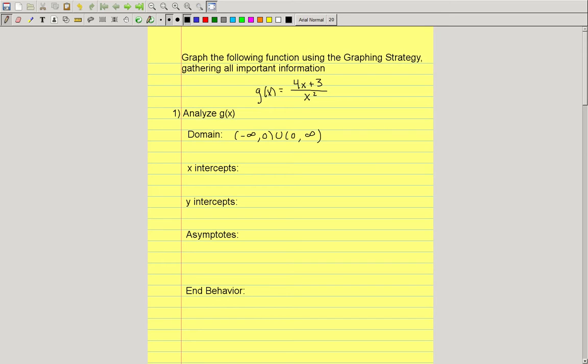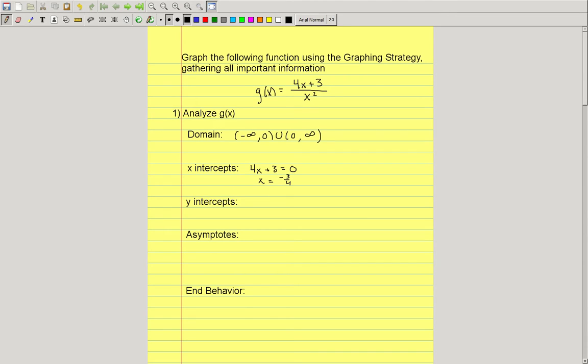Next up, we would like to determine the x-intercepts of the graph, and we do that by setting the numerator equal to 0, and by solving this equation, we see that x equals negative 3/4.